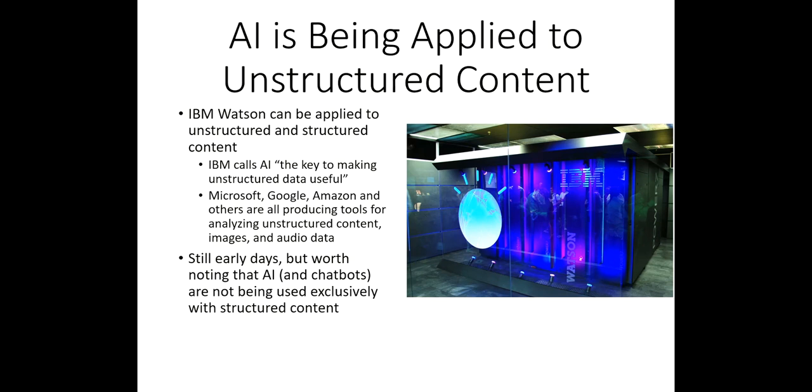Because structured content is descriptive and says what it is, it's much easier for lesser artificial intelligence programs to work with it. So you actually need the power of something like a Watson to be able to get useful data out of all of the unstructured content that exists.